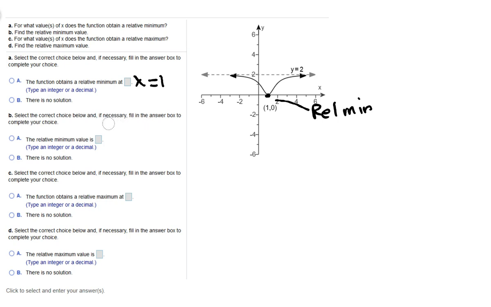The next part says, select the correct choice. If necessary, fill in the answer box to complete your choice. The relative minimum value is, so the relative minimum, the lowest y value is going to be that 0. When you do this, you should only type in the value of 1, not x equals 1.